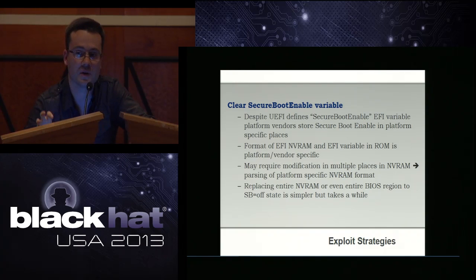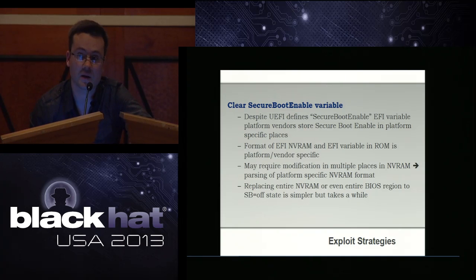They use very platform and vendor specific places to store that control. And basically, if they're using other EFI variables, then you have to parse the proprietary NVRAM format, and sometimes that's a pain in the butt. And even in addition to that, they can actually store multiple copies of that thing in their proprietary NVRAM.